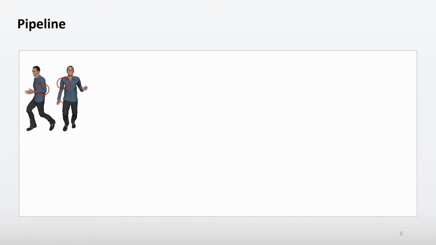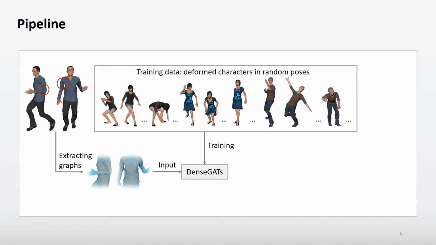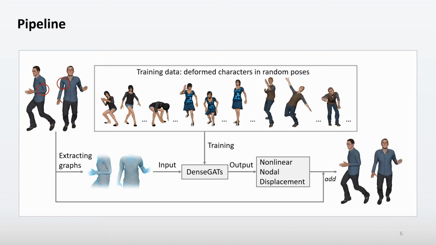These linearly deformed meshes are parameterized with graphs, which are then input into the network. We use various characters with different customizations in random poses for training, which makes it possible for the network to build intricate relations. The trained network directly outputs the corrective displacement of each vertex for the final nonlinear deformations.